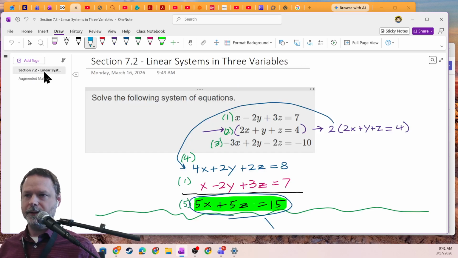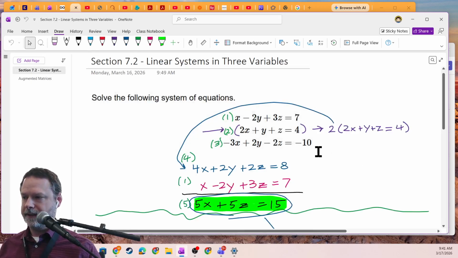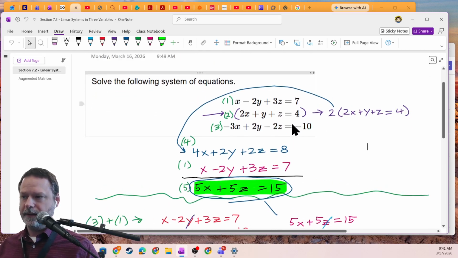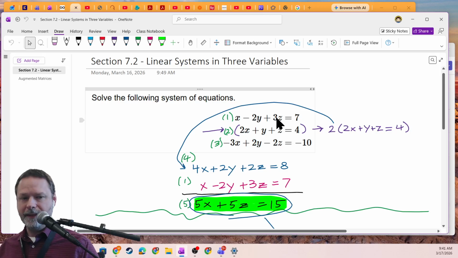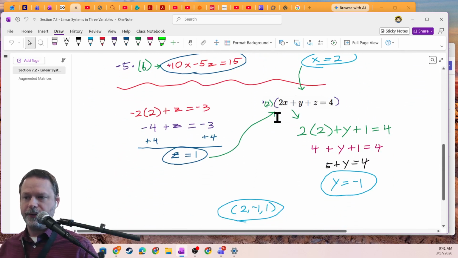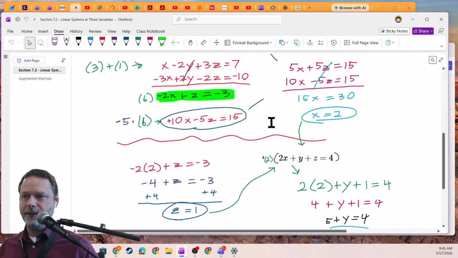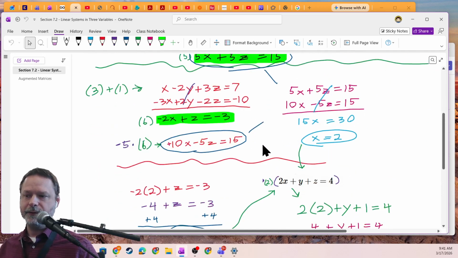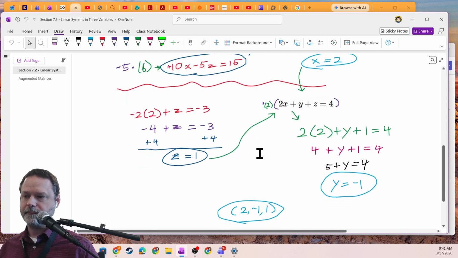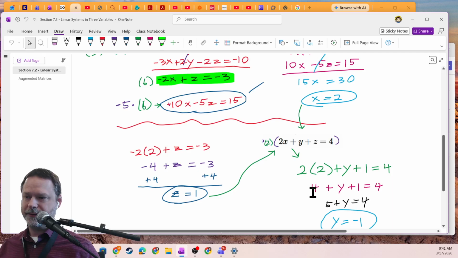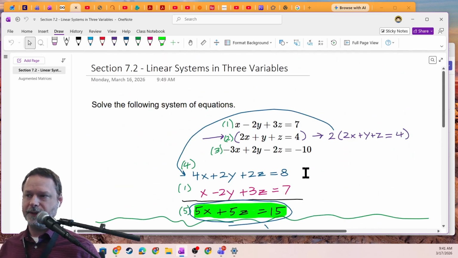This is the example we did the other day in my last video on solving linear systems in three variables. We went from three equations, three unknowns, to two equations, two unknowns, down to one equation, one unknown, and then back substituted.